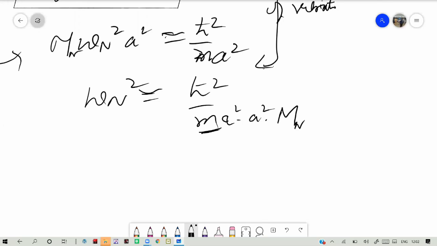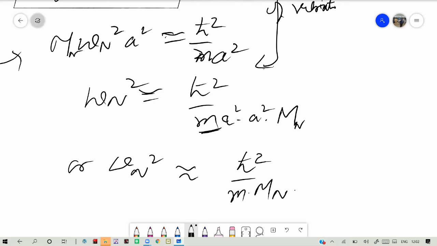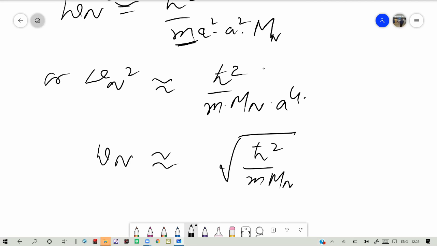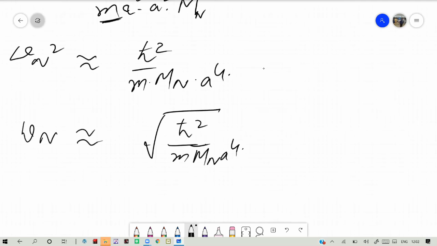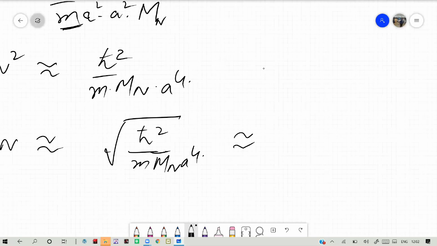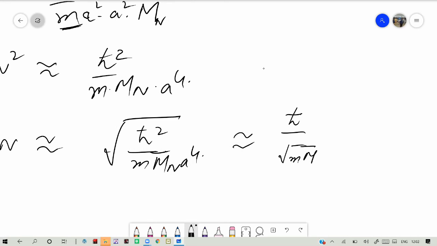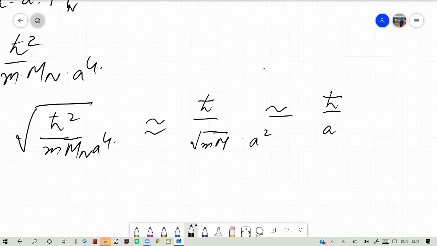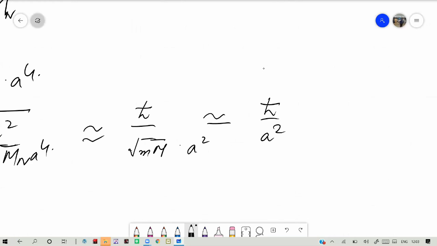So I can write omega n square is approximately equal to h cut square divided by m n a to the power 4, or omega n will be approximately equal to h cut divided by the square root of m into a square.